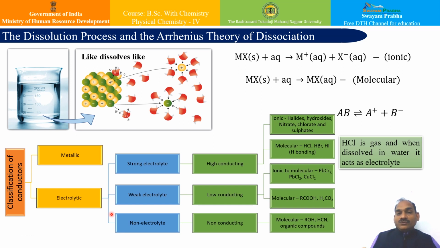Now, usually we see that there is an increase in molar conductance with the decrease in concentration, particularly in dilute solution, and this is true for all electrolytes. This particular fact made Arrhenius postulate the theory of chemical equilibrium between the undissociated electrolyte and the ions resulting from the dissociation.